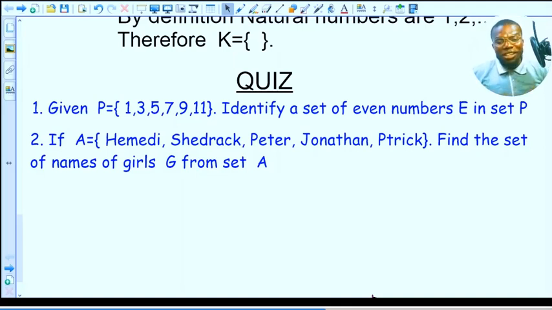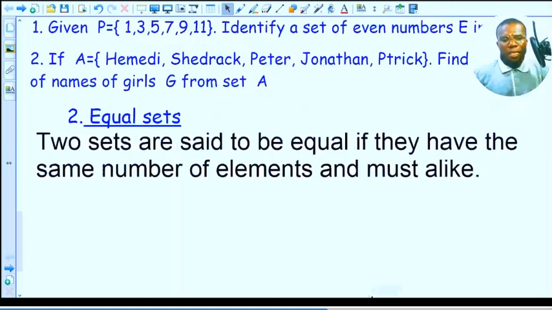After that, let us continue with another type of set, which is equal sets. Two sets are said to be equal if they have the same number of elements.